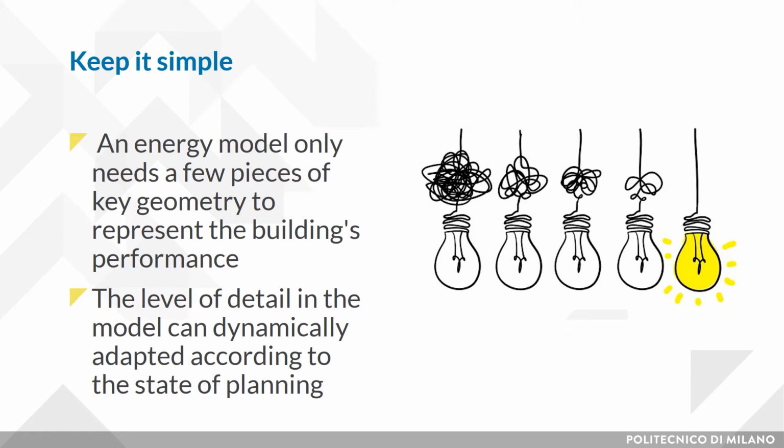For example, at the early design phase, forget furniture or detailed information about people, lights, etc. From the standpoint of getting valuable results quickly that guide your early design decisions, there is really no need to spend hours adding details to your energy model. It's demonstrated in the literature that the level of detail in the model can be dynamically adapted according to the state of planning.